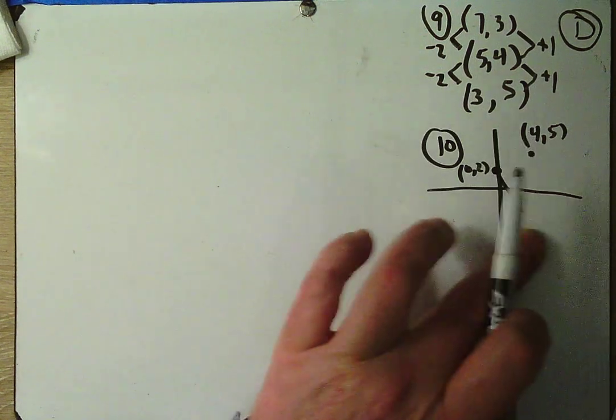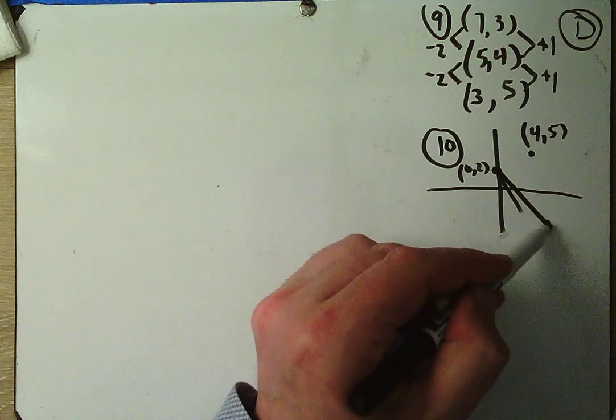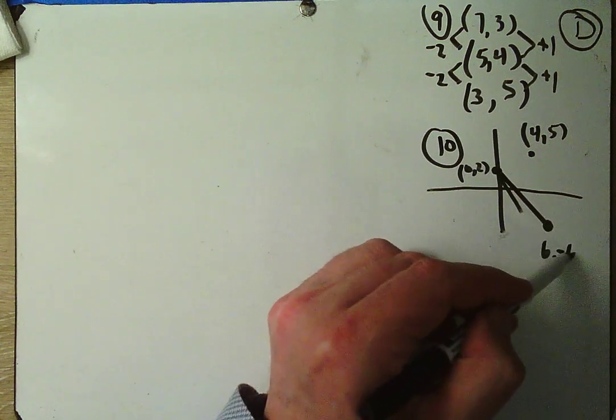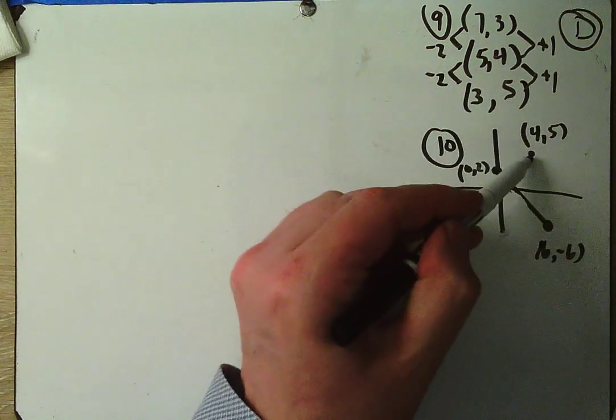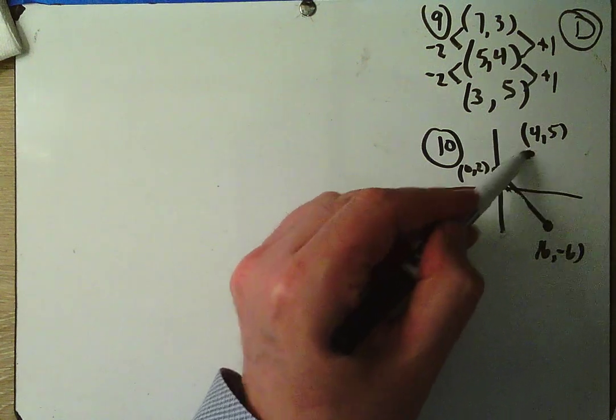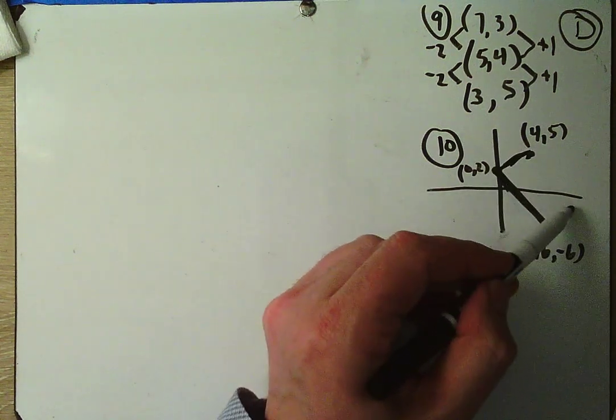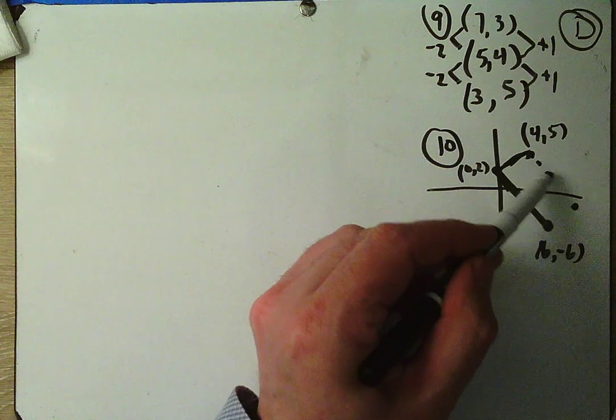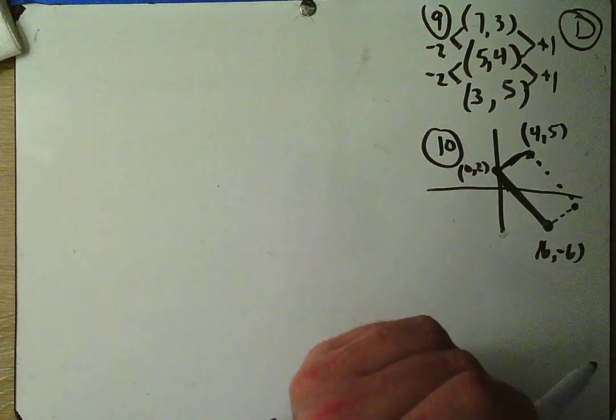Oops, it's got to be a little further over, doesn't it? (6, negative 6). And so we know that these are two sides of a rectangle. Well, this must be the other point.